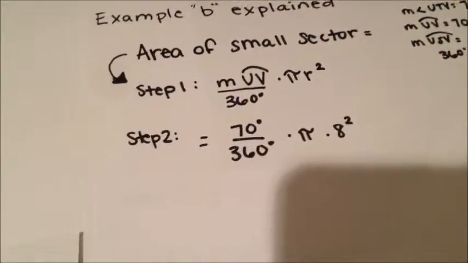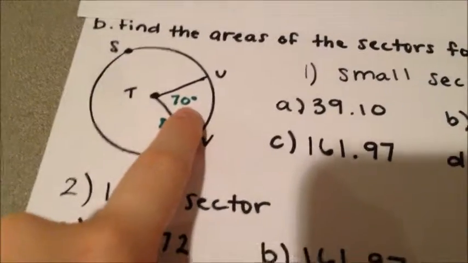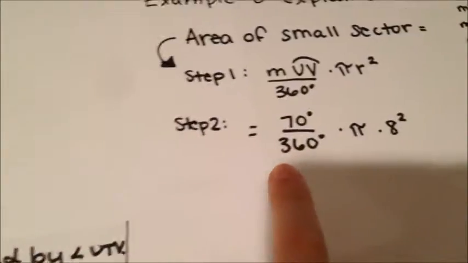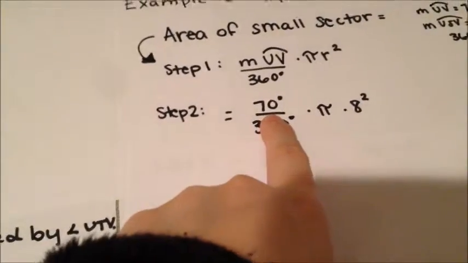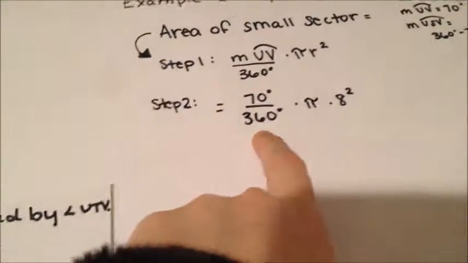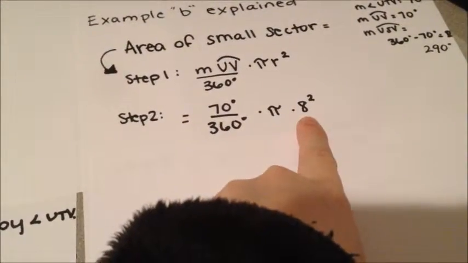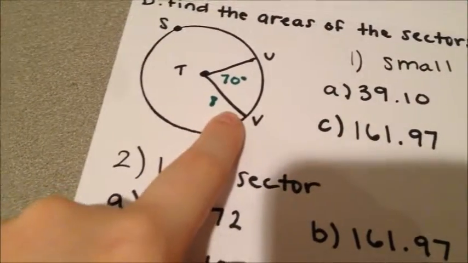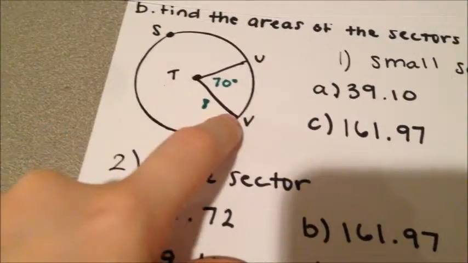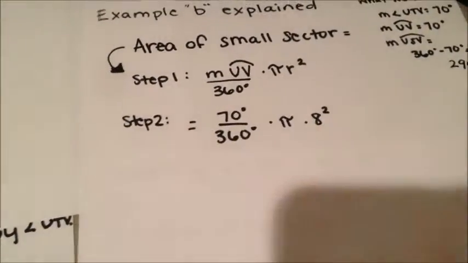We know that the measure of the arc UV is 70 degrees. So you're going to plug in 70 degrees over 360 degrees times pi, and your radius is given to you, and it's 8.